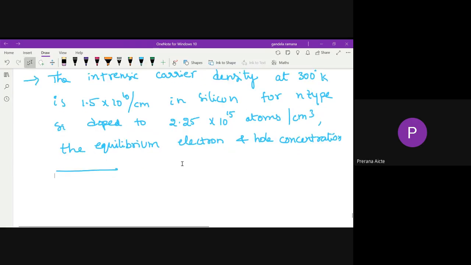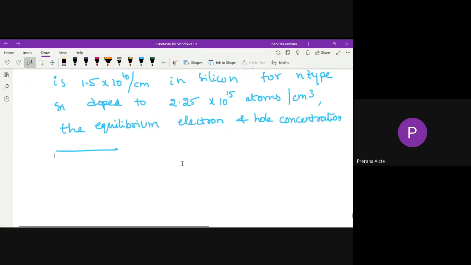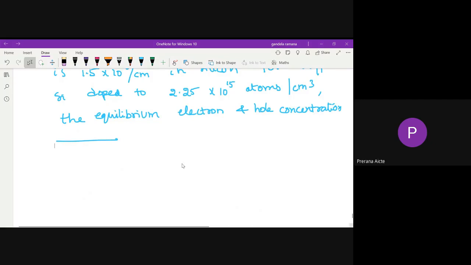This question is from 1997. So ni is how much? 1.5 into 10 power 10 per centimeter cube. The dopant atom Nd is how much?